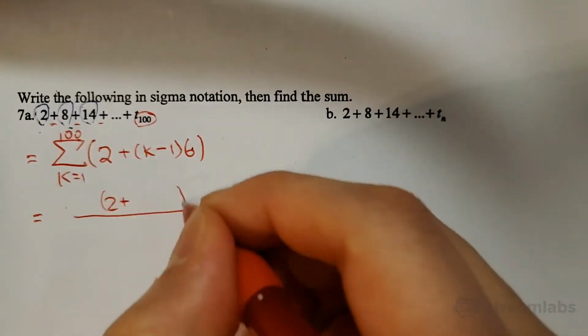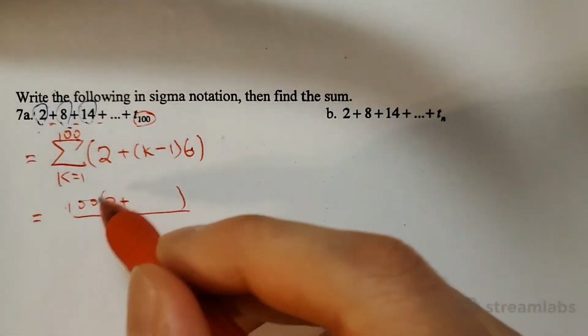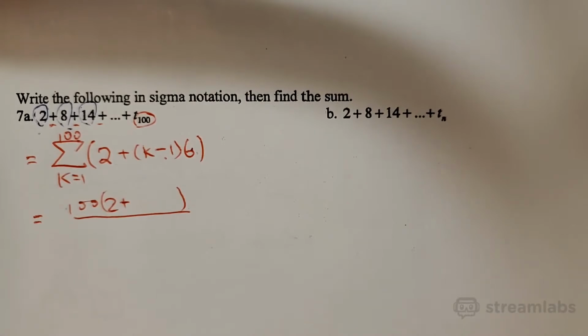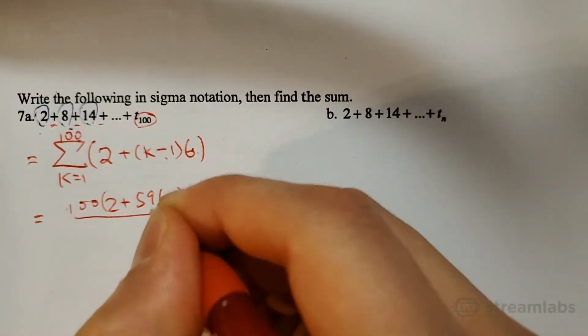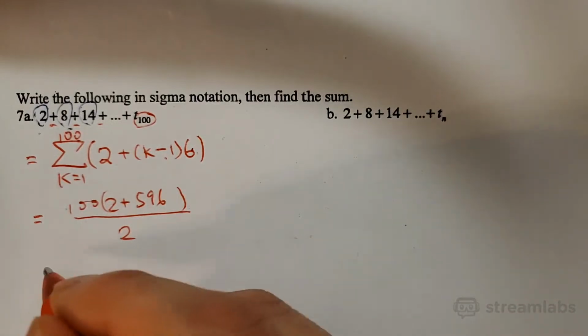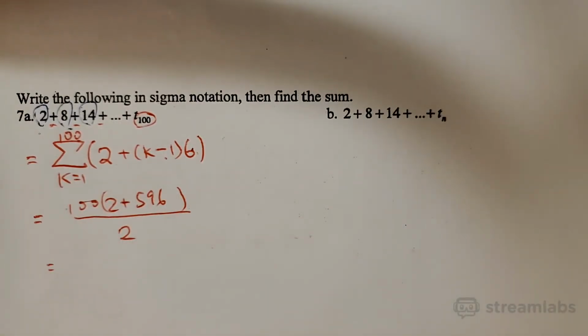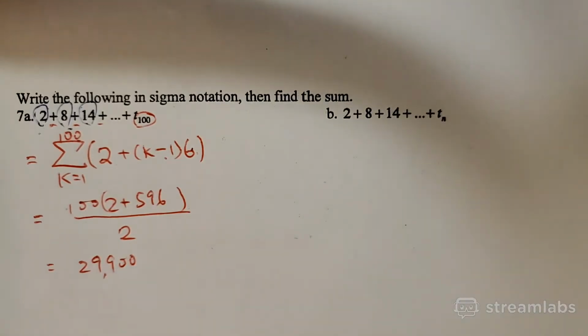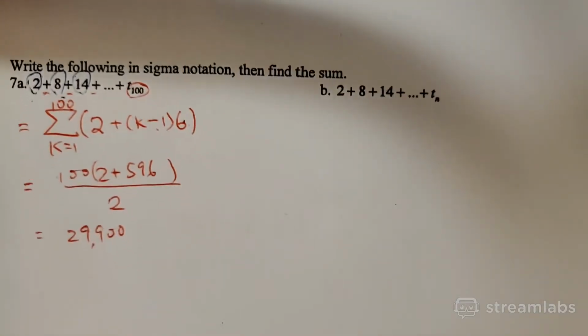Last is, since it's 100 terms, 99 times 6 plus 2, which is 596. That's one way to do it. That's 50 times 598, which will give you 29,900, right? Does that make sense? So that's one way of looking at it.